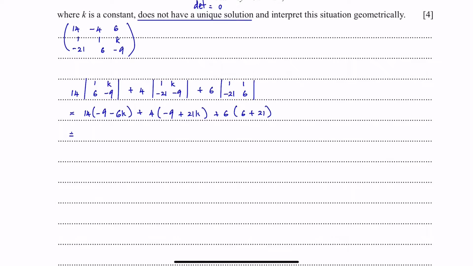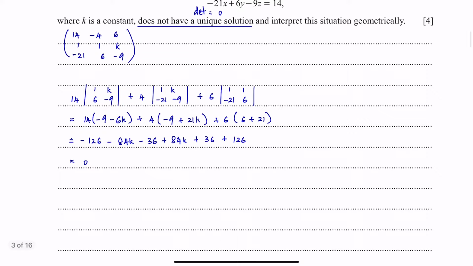And you will get -126 minus 84k minus 36 plus 84k plus 36 plus 126. And the answer will be 0. So we have proven that the determinant of the matrix is 0, and therefore it does not have a unique solution.